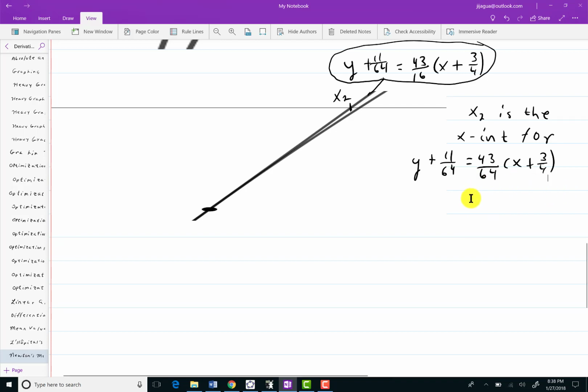And then if that's the x-intercept, that means that y is 0 when that x2 is in. So I'll have 11 over 64 equals 43 over, I think I made a mistake here. I did. That was a 16 down there. I'll put my x2 in here and I'll try to solve for x2.